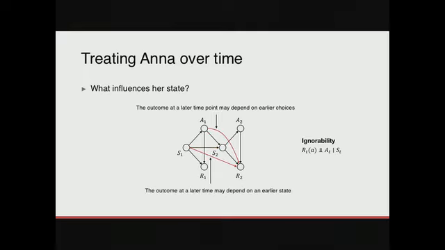Well, if you have an action here, the outcome at a later point depends on an earlier choice. That might certainly be the case, because we could have a delayed effect of something. So if we measure, say, a lab value, which could be in the right range or not, it could very well depend on medication we gave a long time ago.